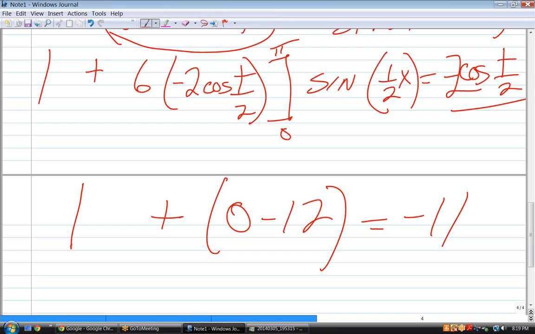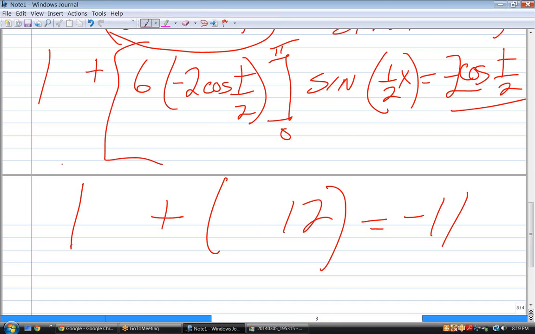Let's see. When we plug in 0, we get minus 12, but then let's add 1. It's a minus 12, is it not? Isn't it this? It's when we plug in pi. In other words, let's just evaluate this. Let's set aside the 1. You can do that, because that was its starting position.